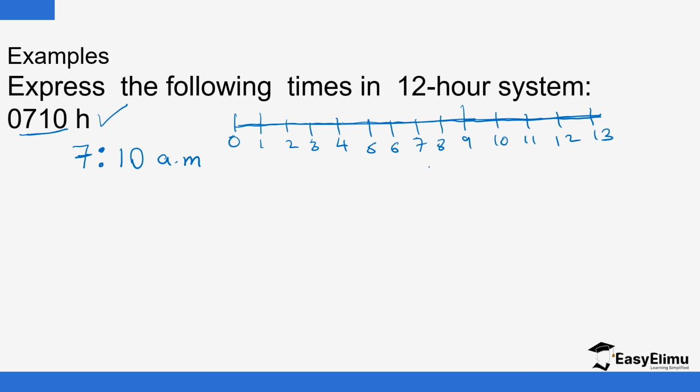Time is stated as AM. The second half now starts from maybe 13. So the first half of the day ends at 12. That means 7 hours and 10 minutes still falls within the first half. So this should be stated as 7:10 AM.